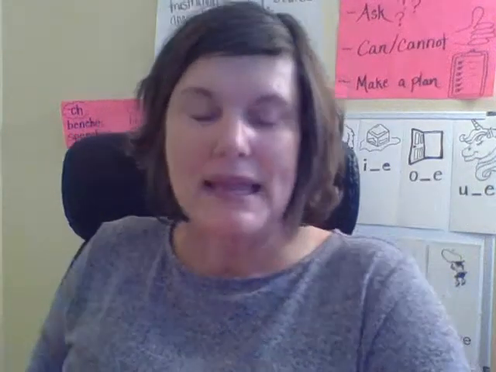Okay, say tunes. Now let's sound it. Tunes. What's the base word for tunes? That's right, tune. So go ahead and spell tune. I know long U can make the oo sound.